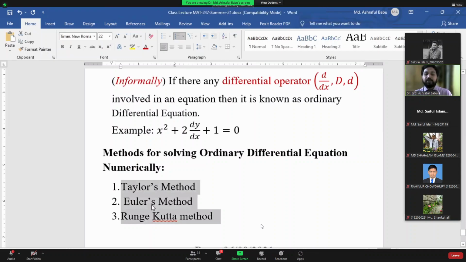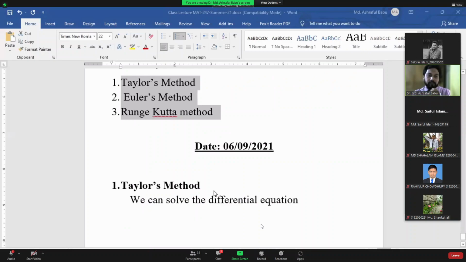By these three methods, we can only solve one type of ordinary differential equation, because there are many types of ordinary differential equations. From all of these different ordinary differential equations, we can solve only one type. So which type can we solve? So we just write it in here from the beginning.